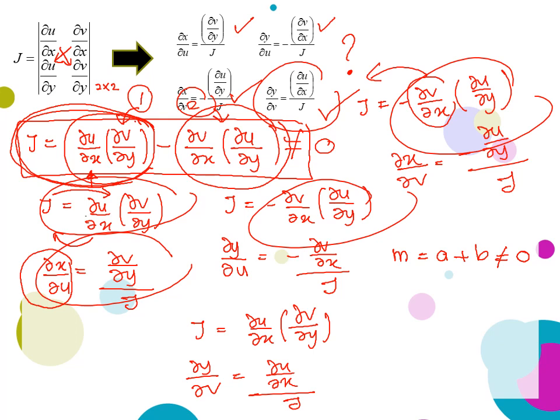Since m cannot be equal to 0, these two unknowns a and b cannot both be equal to 0, because if a is 0 and b is 0, you will get the equation 0 plus 0 equal to 0, but the condition says m, which is a plus b, cannot be equal to 0.